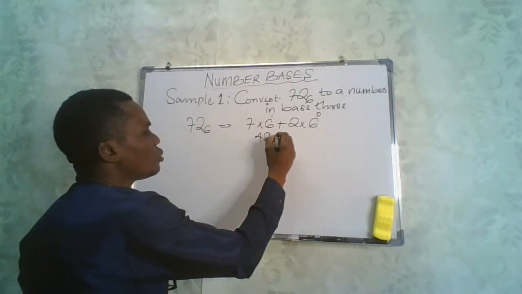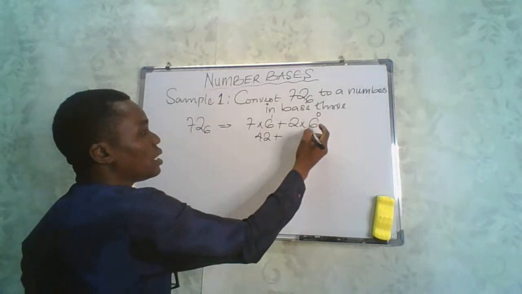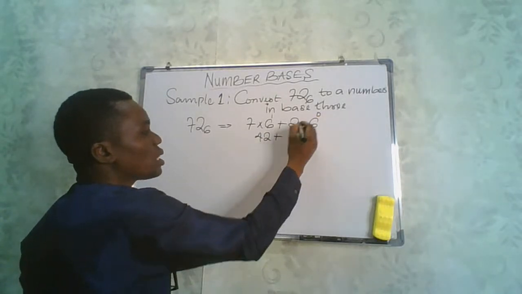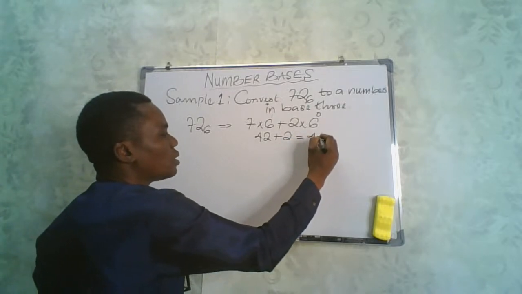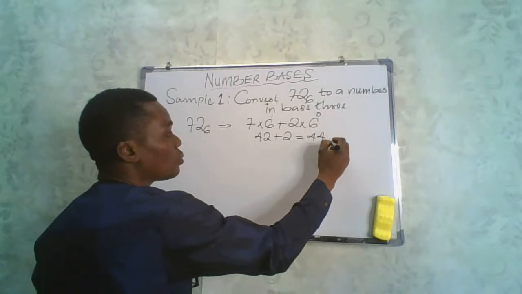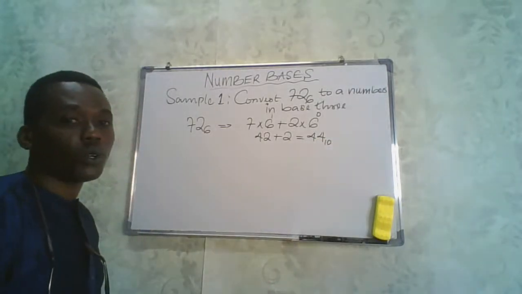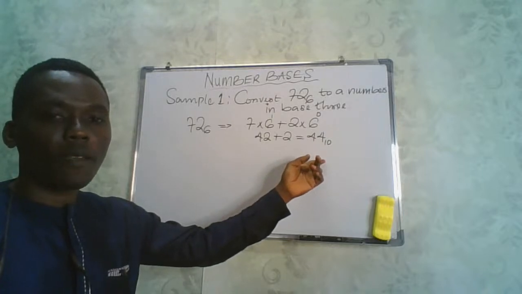So we have 42 plus 2 times 1, because 6 to the power of 0 is 1. So 2 times 1 is 2, and this will be equal to 44. And this 44 is in base 10, because we are converting from base 6 to base 10.